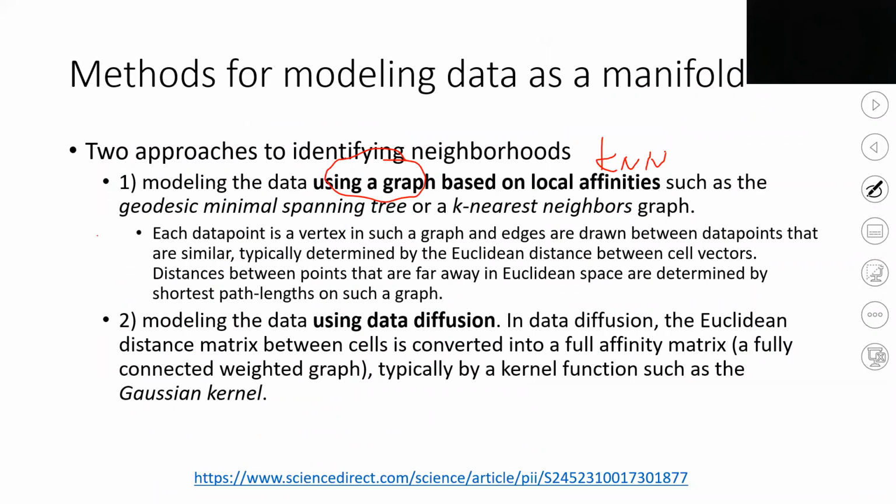Another is related, but it's called diffusion maps. They use some kind of network theory. You use some kernel function and define a Gaussian kernel applied to a weighted graph and translate this weighted graph distance into some kind of affinity.